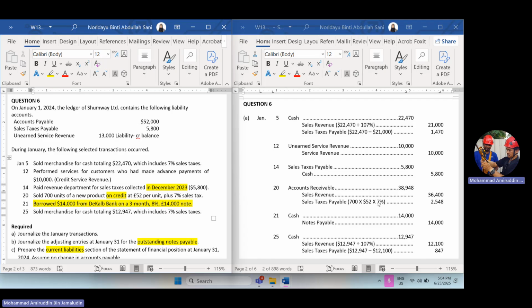Then only I can compute the sales tax. 700 units multiplied by 52 ringgit, you get 36,400, which is your revenue. And then 7% is your sales tax. So you get 2,548 sales tax. So sales revenue plus sales tax, so you get your account receivable. That's it.